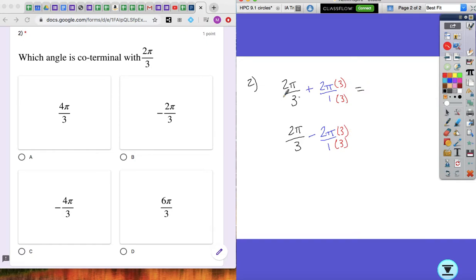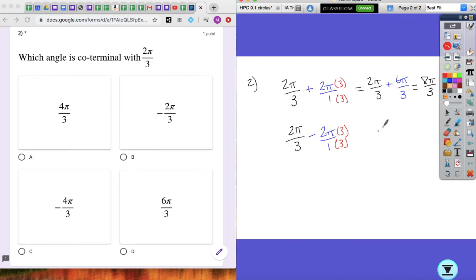So then what I have is 2 pi over 3 plus, and then this would be 6 pi over 3 on the bottom. And I can add those together. 6 pi plus 2 pi would be 8 pi over 3. So that 8 pi over 3 is coterminal with 2 pi over 3.